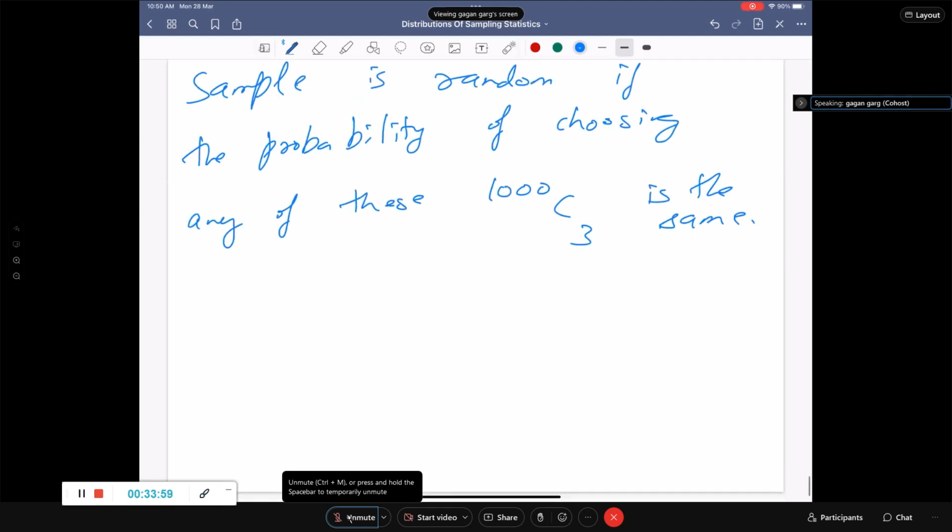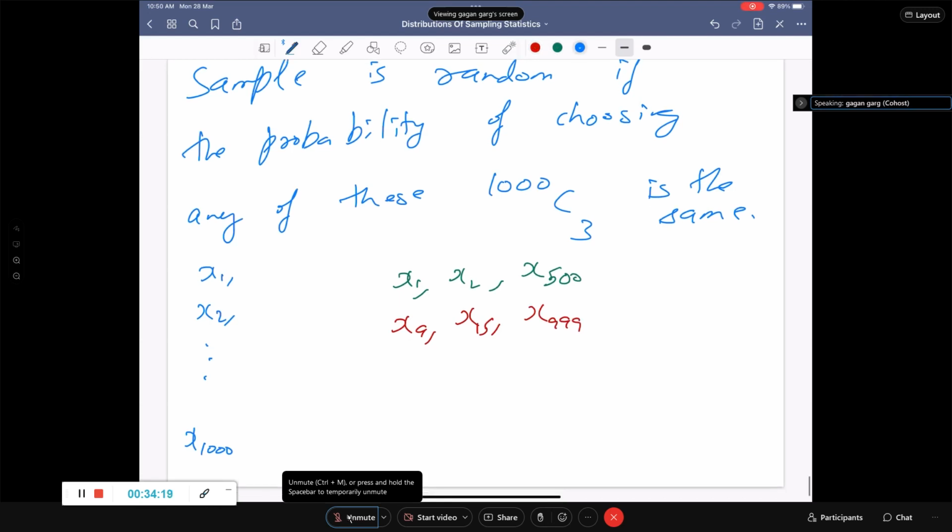So suppose you were to number your elements as x1, x2, up to x1000, then you could be choosing x1, x2, x500. You could be choosing x9, x15, x999. You could be choosing x1, x25, x600, and so on.